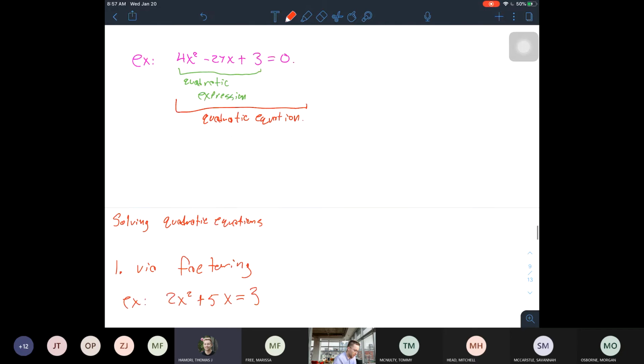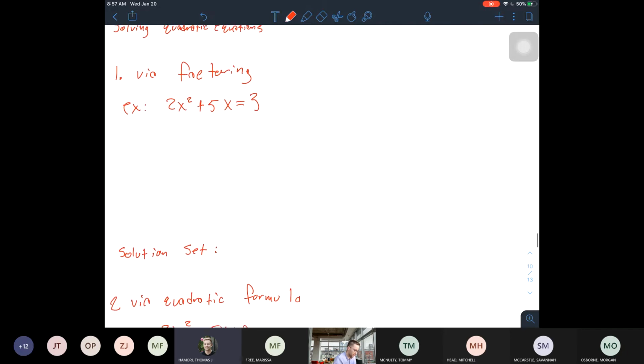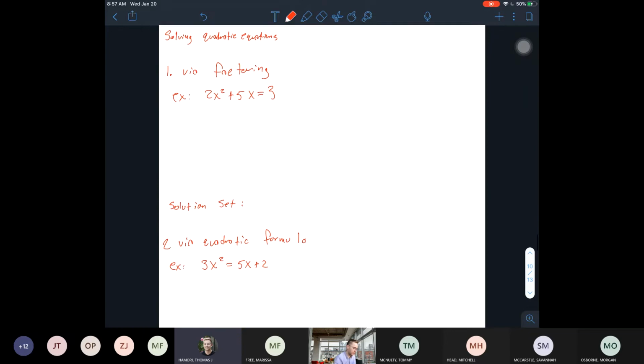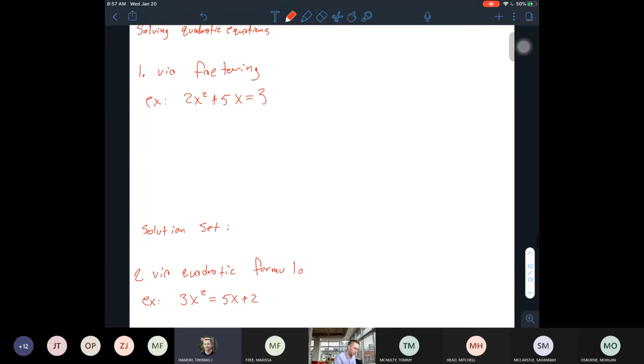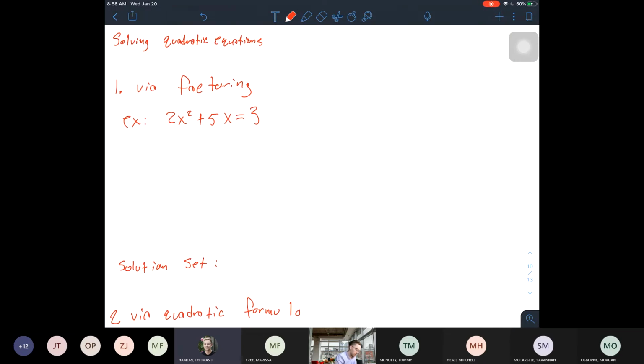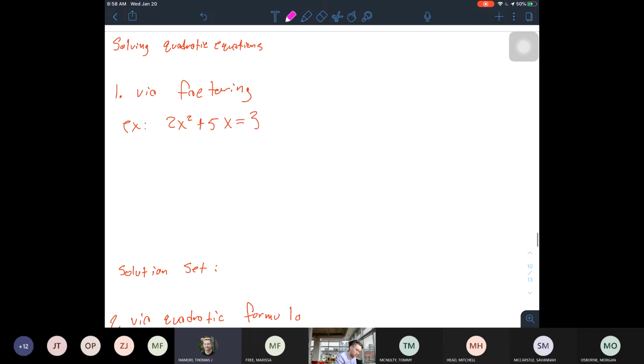And we have two main ways of solving them. We have factoring and we've got the quadratic formula. So let me show you first how we would solve a quadratic equation by factoring. Here are the steps for factoring. The first thing: get everything on one side.